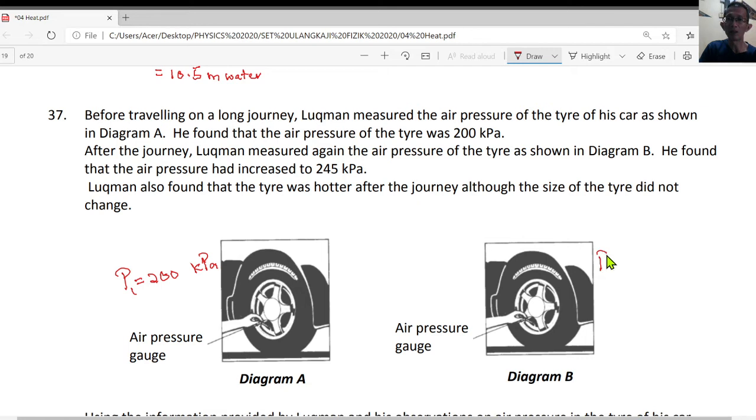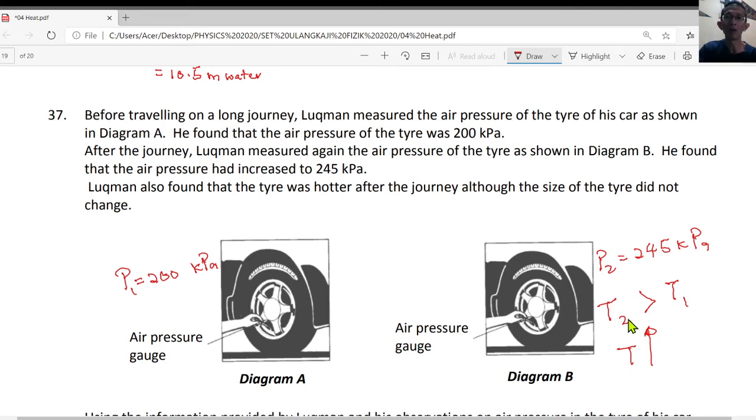After the journey I will write that as my P2, my pressure becomes 245 kilopascal, and the temperature 2 is greater than my temperature 1. In other words, my temperature increases. So I need to find the relationship between pressure and temperature.